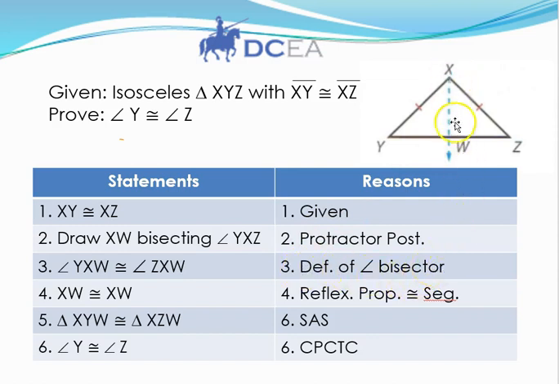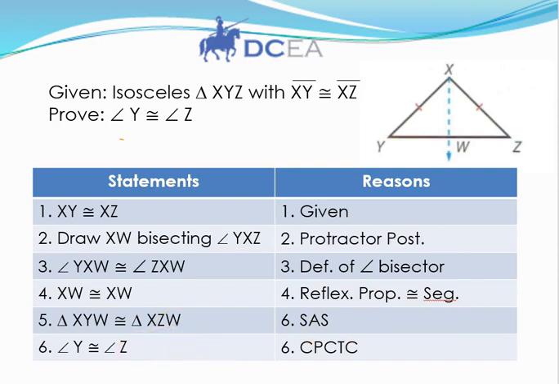And now we can say that XW is congruent to XW, reflexive property. And we have now everything we need to state side, angle, side, and our congruent triangles XYW and XZW.